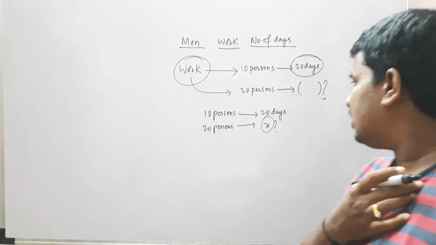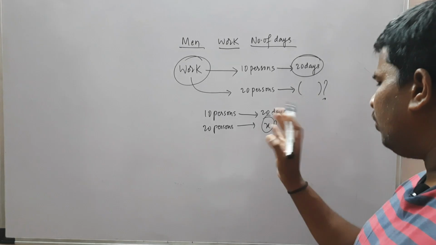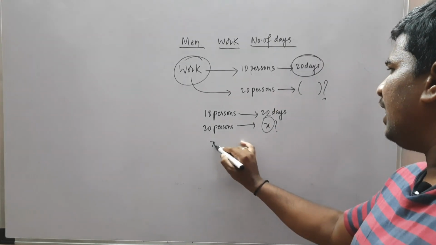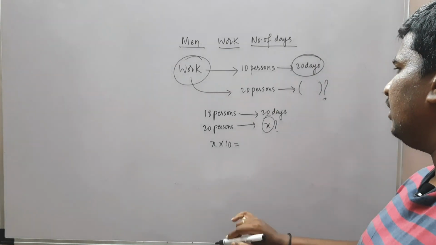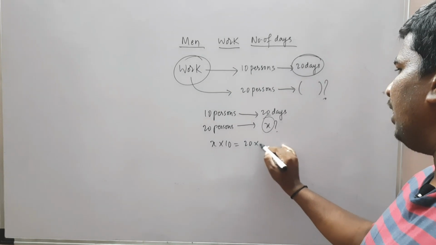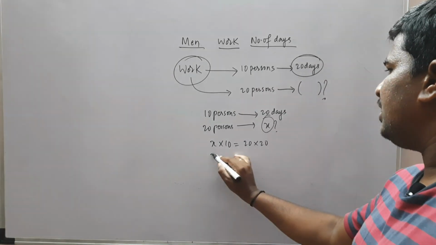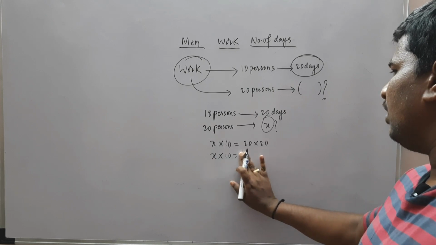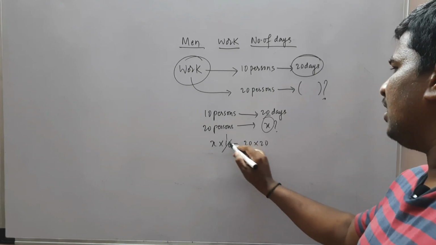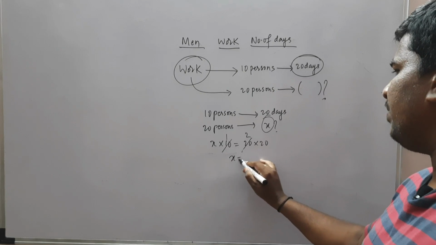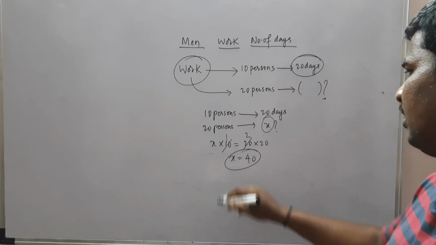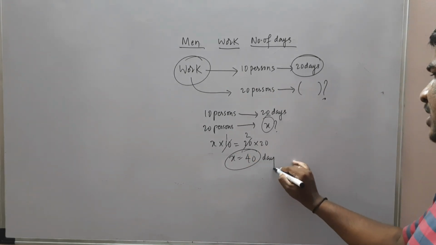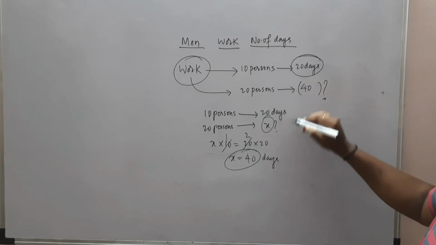No, because if you do unitary method, so x into 10 equal to 20 into 20. So x will be 40. So 40 days they will take. So is it correct, 40 days?